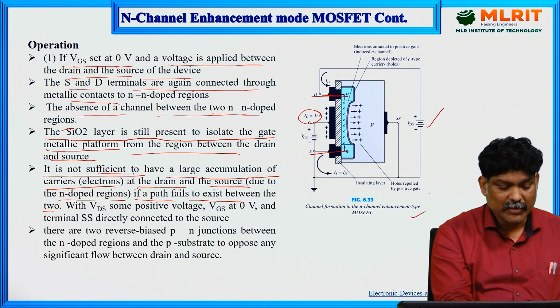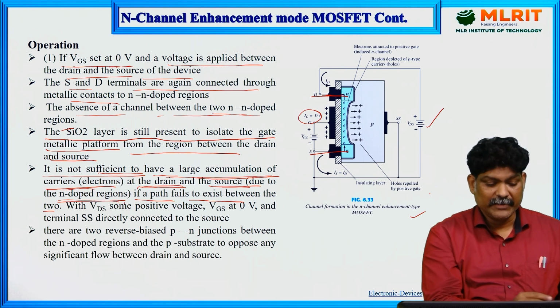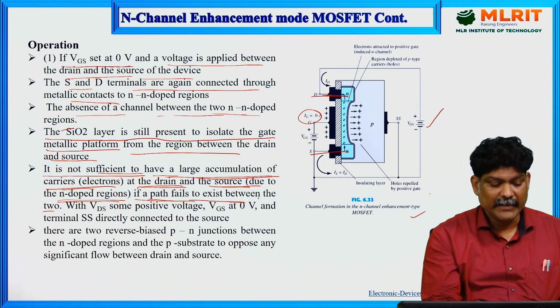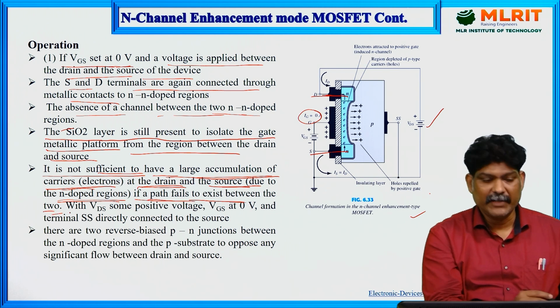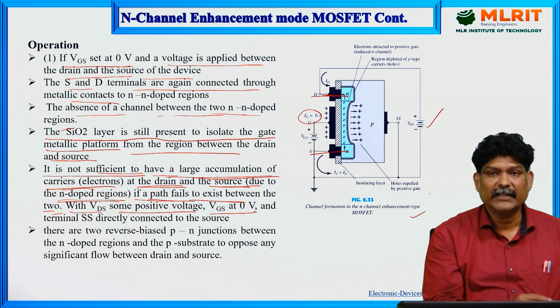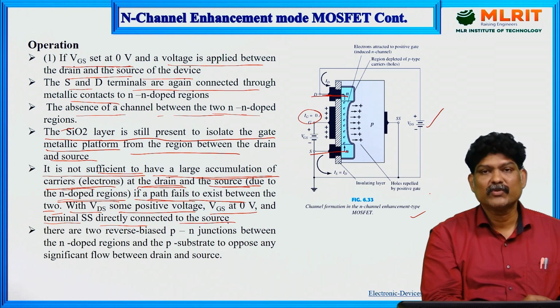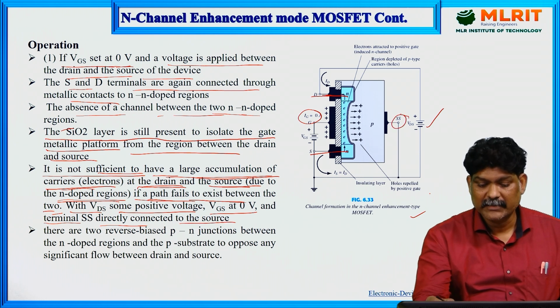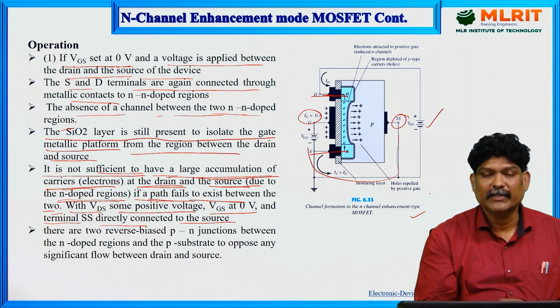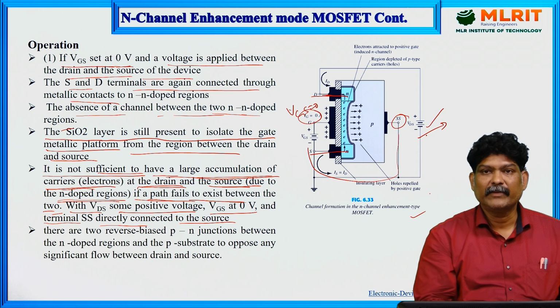With VDS at some positive voltage, VGS at 0 volts, and the terminal SS directly connected to the source, some voltage is given between drain and source.